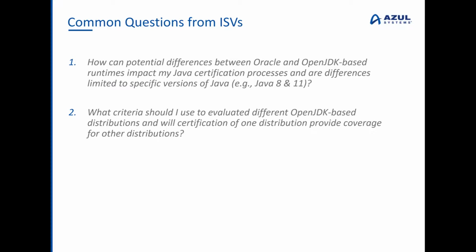Literally, two guys and a dog can build an OpenJDK-based runtime, very different than what you might see from larger dedicated vendors that are focused exclusively on the Java market. So we're going to look at these, and really the major emphasis of this presentation is to allow ISVs to come up with an approach to carefully examine, understand requirements, and then apply those to come up with a reference implementation for certification.